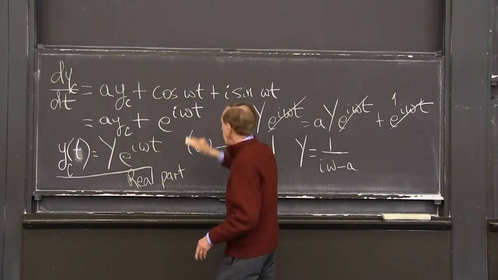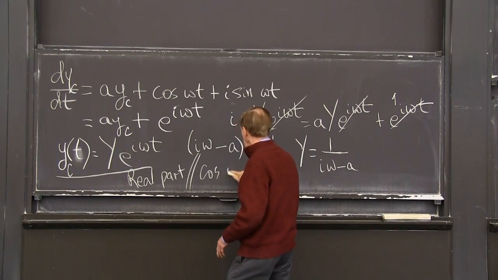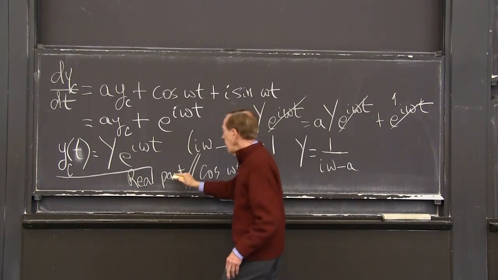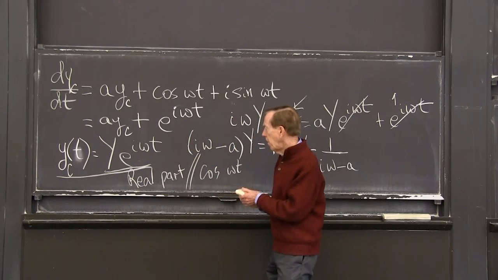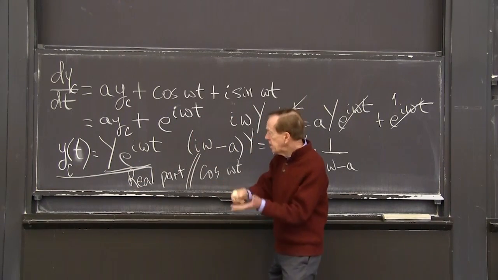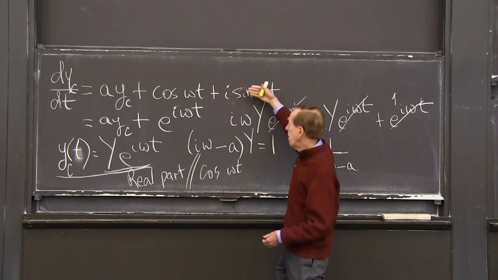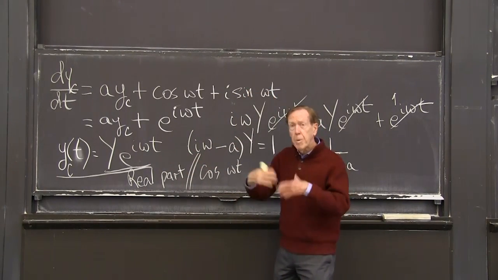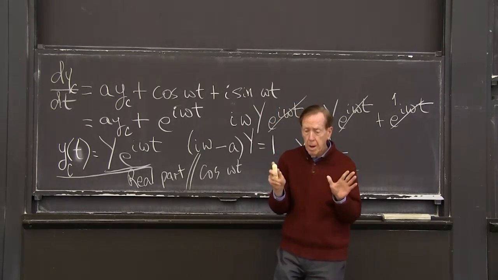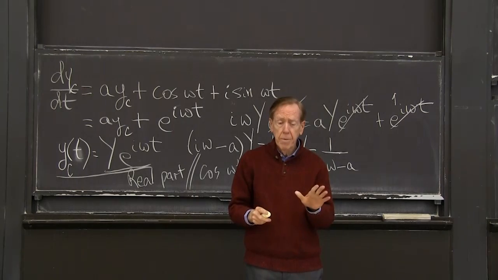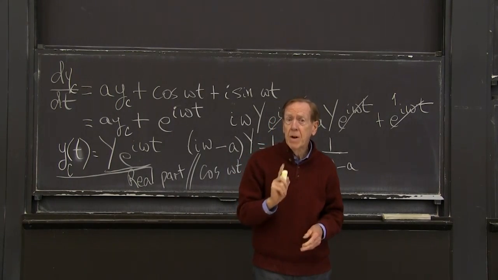It will be the response matching the cosine. That's the real part of this expression, which I now know. And the imaginary part of this same expression will give me the response to the sine term. So two problems solved, one method, but there's a step that I have to take.